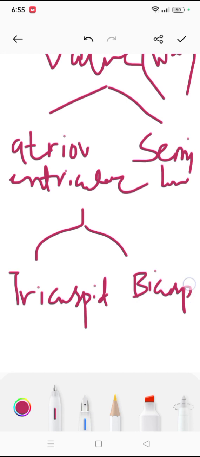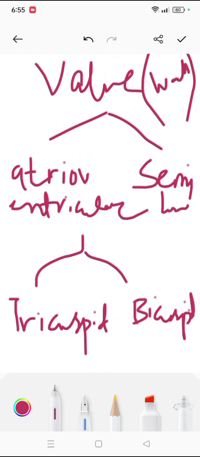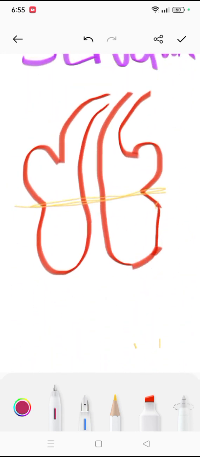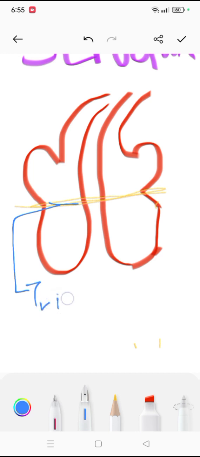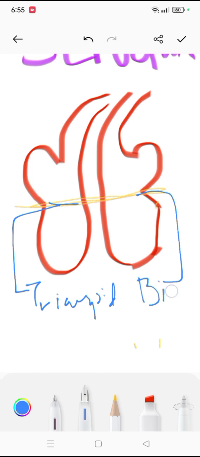So when I use these terms, remember these are valves. On the first side, the valve you will see is called the tricuspid valve, and here the valve is called the bicuspid valve.